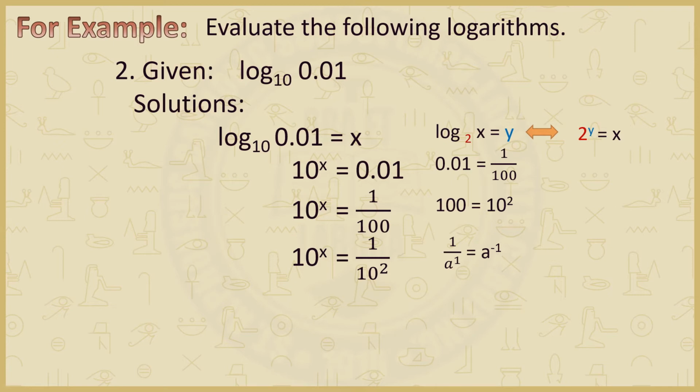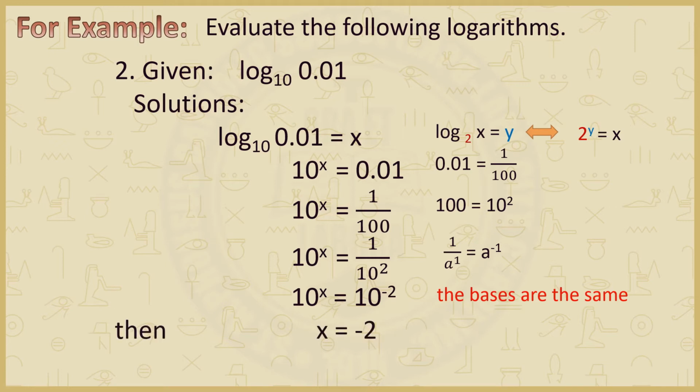That is the law of exponents. So our equation becomes 10 raised to x is equal to 10 raised to negative 2. Since the bases are the same, we will use now the property of equality of exponential function. Therefore, x is equal to negative 2. Thus, the logarithm of 0.01 to the base 10 is equal to negative 2.